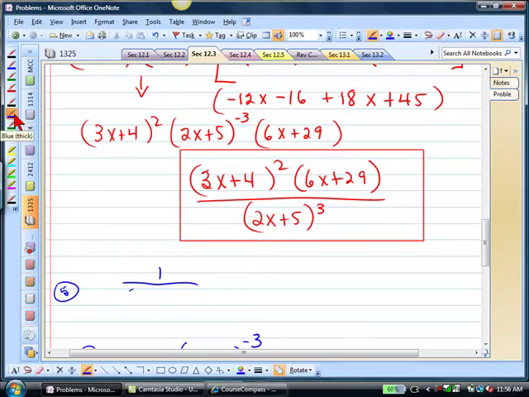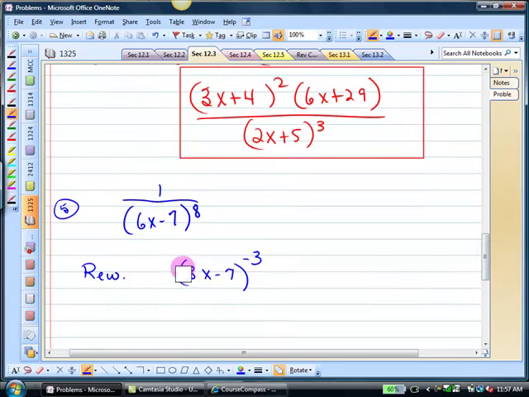Let's change that. 6x minus 7. Okay, so whatever it is, if it's on the bottom, you want to rewrite it so that it's 6x minus 7 to the negative 8. And then you're just using the chain rule.